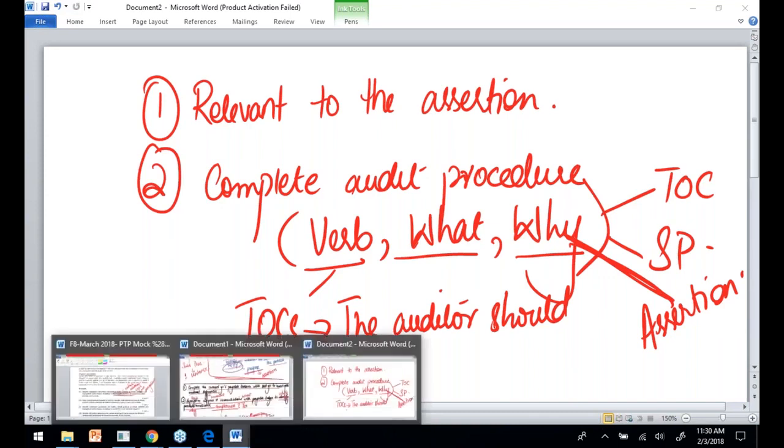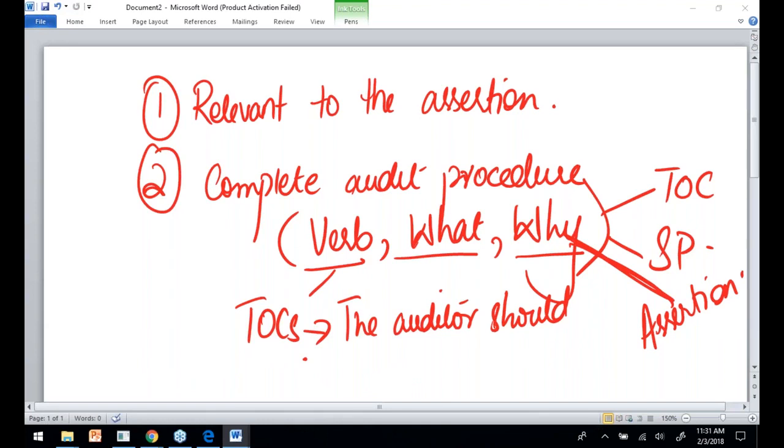If you look at the knowledge revision notes that have been uploaded, every procedure has been written in relation to a certain assertion, and that's how you have to remember them. Yes, start with AEIOU as in analytical, inquiry, observation, recalculation, inspection.